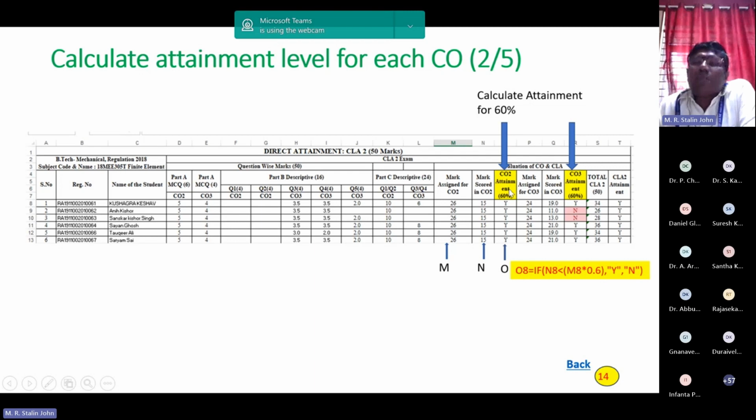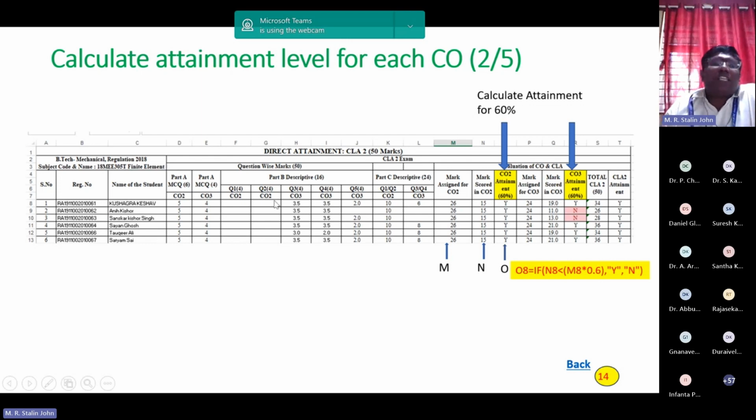If you look at the CO attainment, previously as far as NAAC is concerned, we were following only 50%. Now we have revised this semester to 50 to 60%. So when the committee comes, the files we prepared are for 50%, not for 60%, so you are supposed to tell about the 50%, not the 60%.